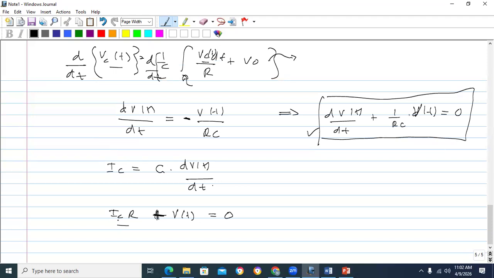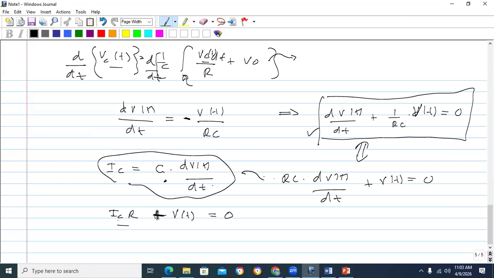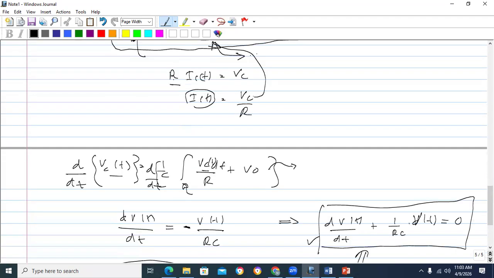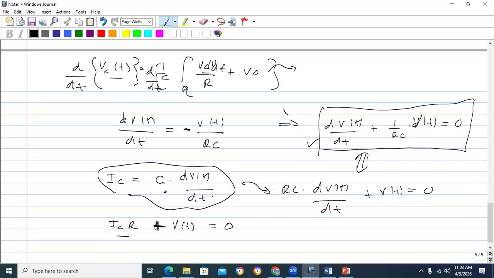So instead of IC, you can put C dVt/dt, so RC dVt/dt plus Vt is equal to 0. You can see that it is the same equation. So using this equation also, or using the voltage equation, you can get the equation.